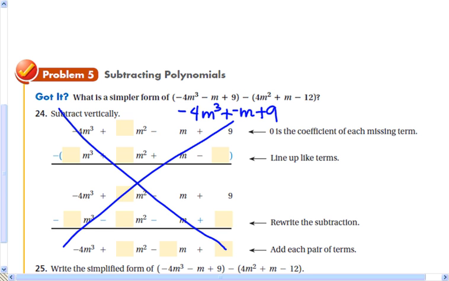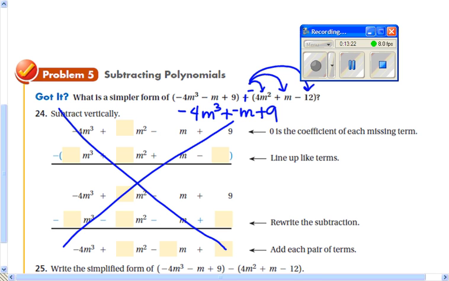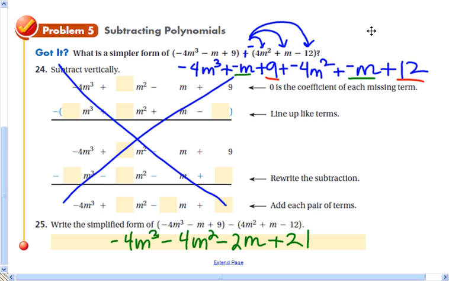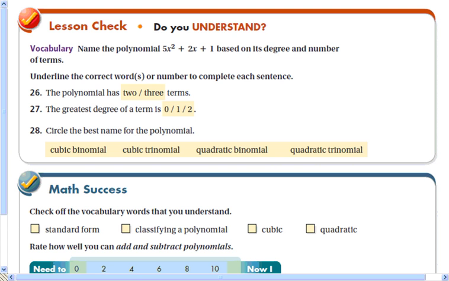And this is adding negative. Distribute that negative and rewrite it. And I'll let you do the rest. Pause now, and then you can check back with your answer. All right, there's your simplified form of that.